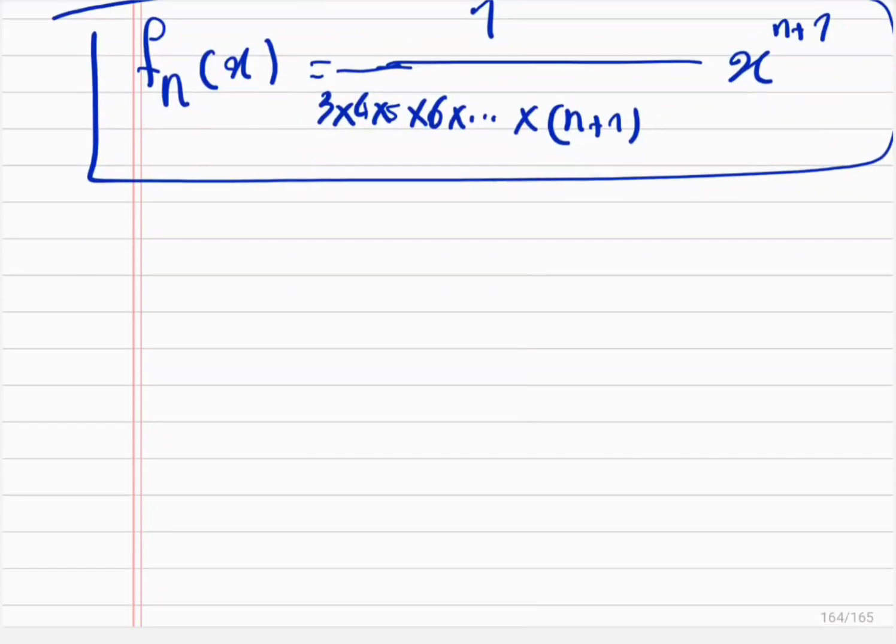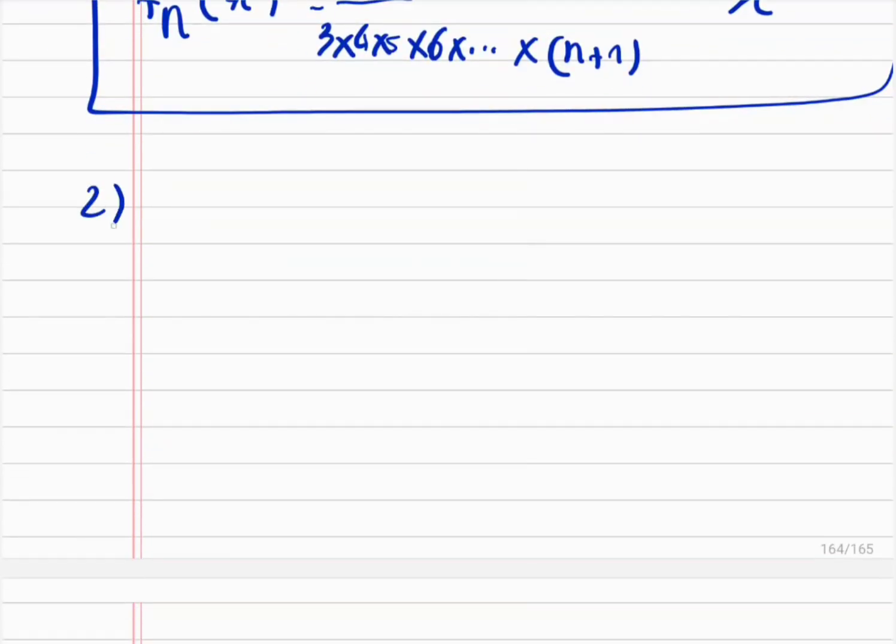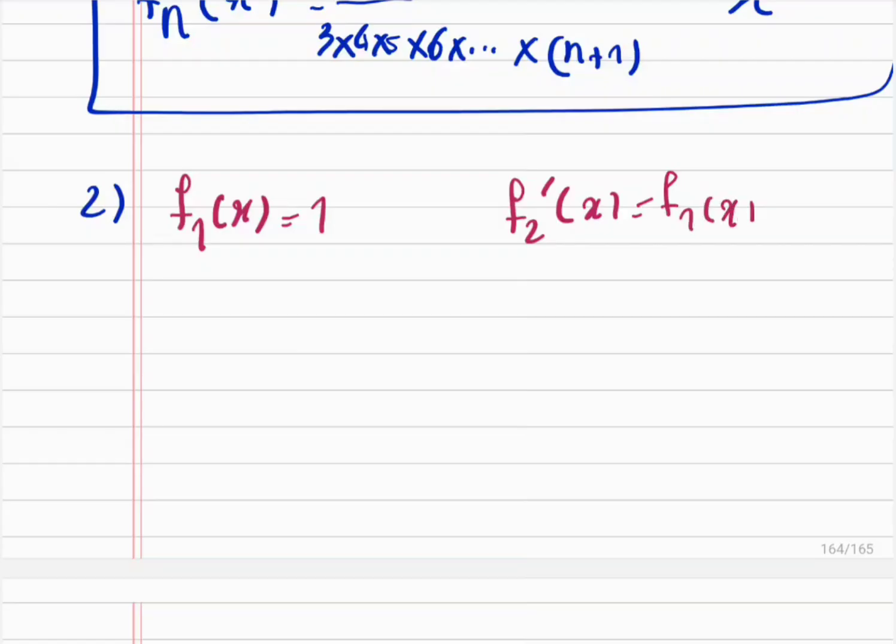At the start, we just write the condition. The important thing is that f1(x) is equal to 1. Based on the information that we are given, we can conclude that f2'(x) is equal to f1(x), because the derivative of the current function is equal to the previous function.